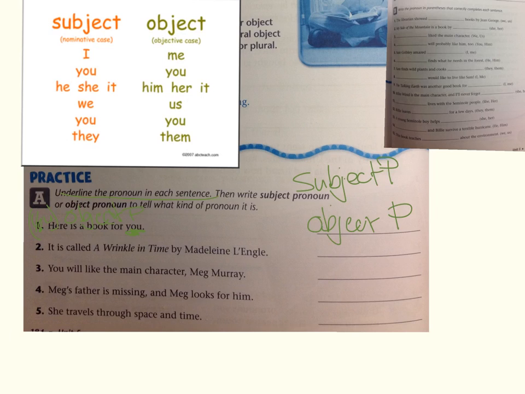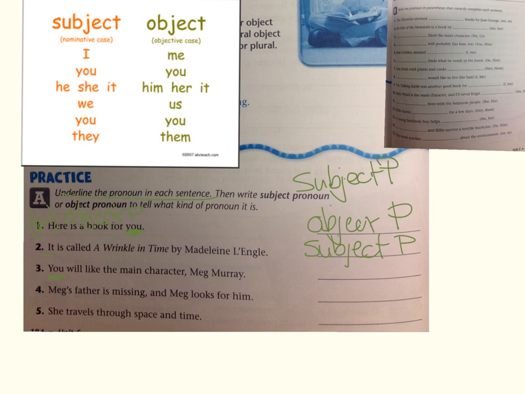pronoun. Next, it is called A Wrinkle in Time. All right, so it is your subject. That's a pronoun for the book. So it is the subject of the sentence, so it is a subject pronoun. Next, you will like the main character, Meg Murray.